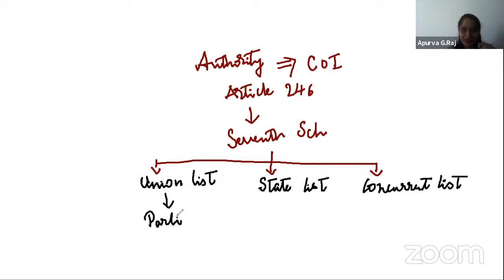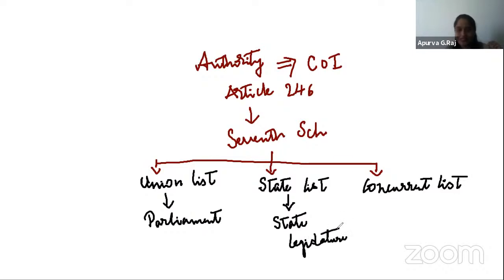Parliament has got power to levy taxes on the items provided in the union list. Under the state list, who has got power? It is the state legislature. A state legislature has got power to levy taxes on the items mentioned in the state list. Under the concurrent list, both parliament as well as state legislature have power to levy taxes on the items mentioned in the concurrent list.